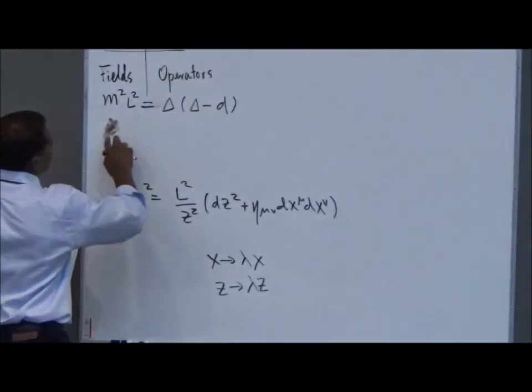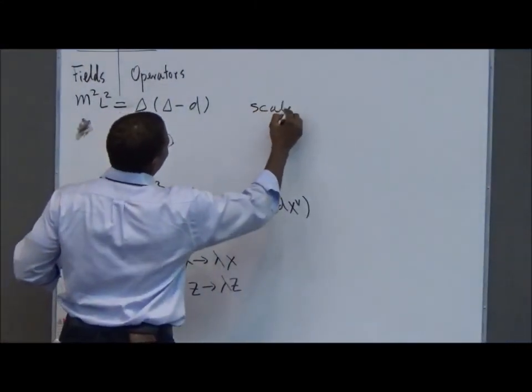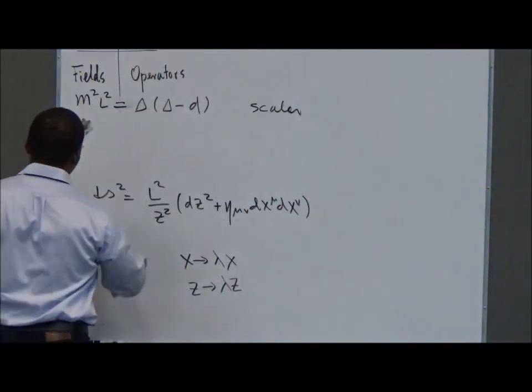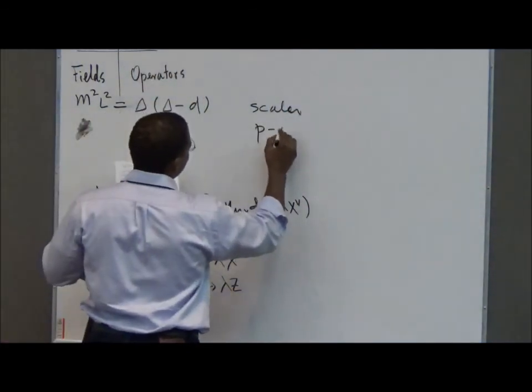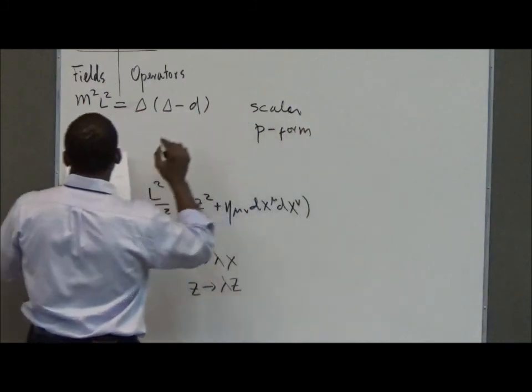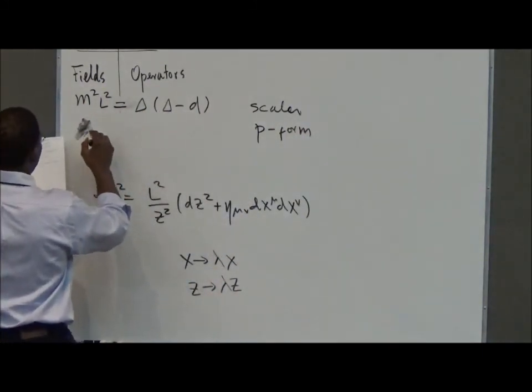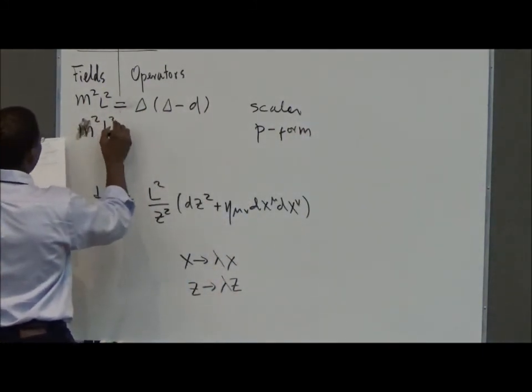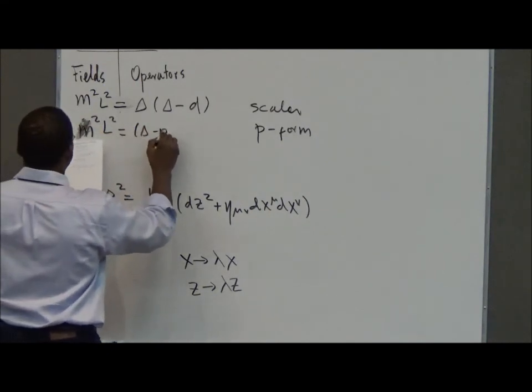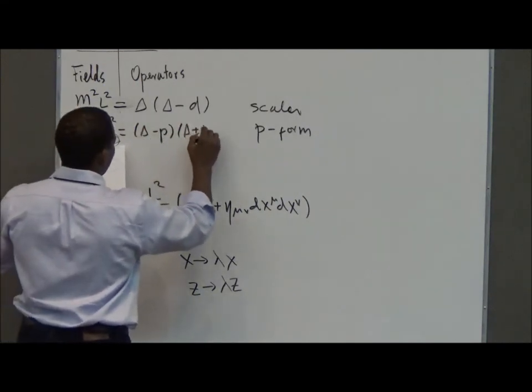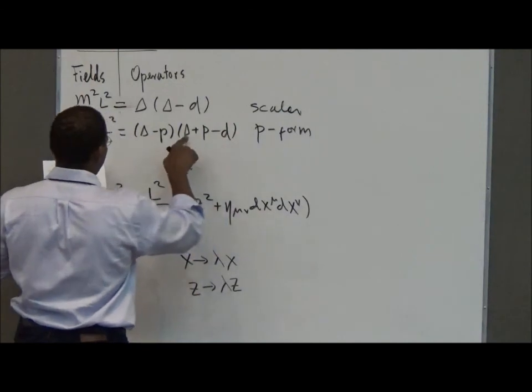So for a p-form, this would be some determinant operator. So the mass formula would be m squared = (delta minus p)(delta plus p minus d).